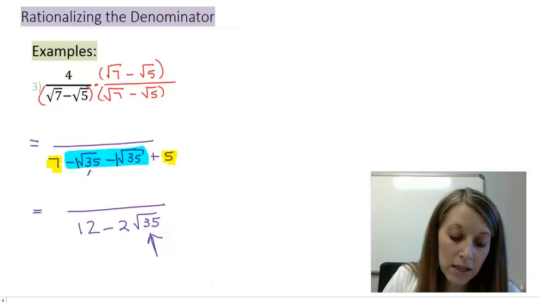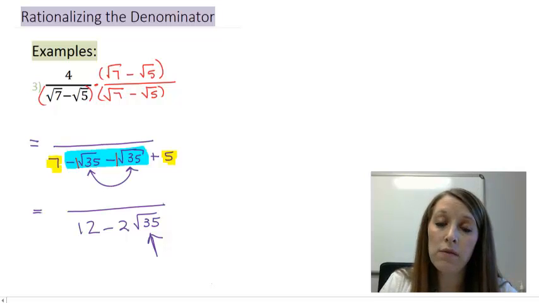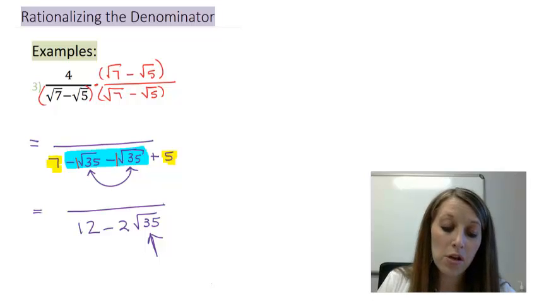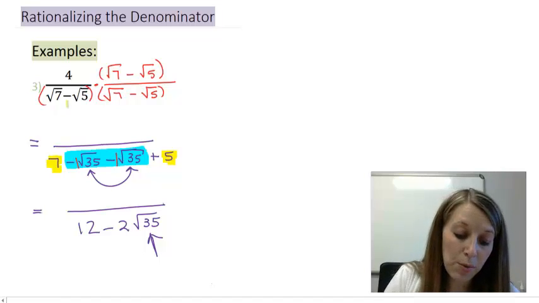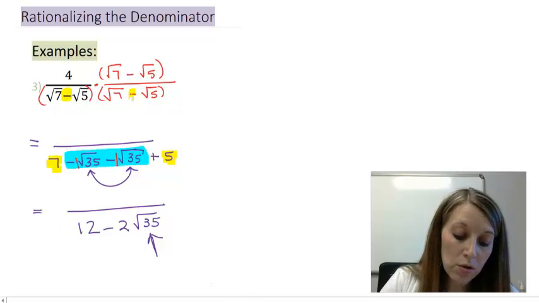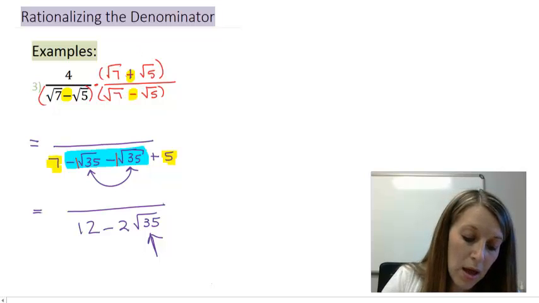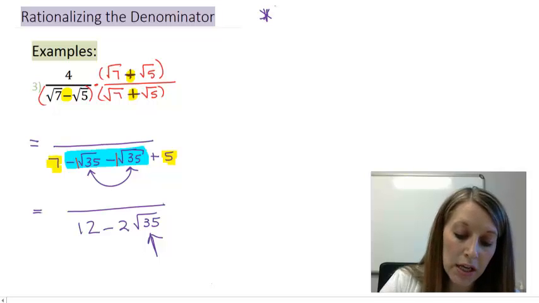Notice if I wanted to get rid of these, all I would need to do is to make one of them an opposite sign so they would cancel out. So instead of multiplying by the exact same operation, I'm going to multiply it by the opposite operation, meaning I'm going to multiply it by the conjugate.